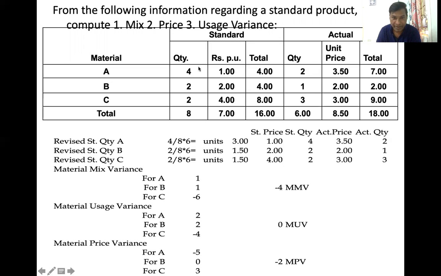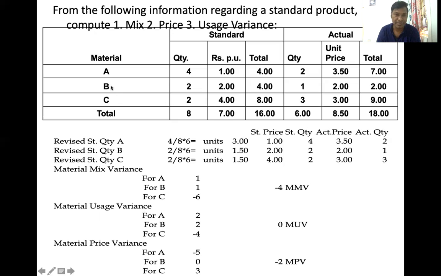So 4 minus 2. And the standard price of material A is 1. So 4 minus 2 is equal to 2, into 1, that is equal to 2. This is the material usage variance for A.